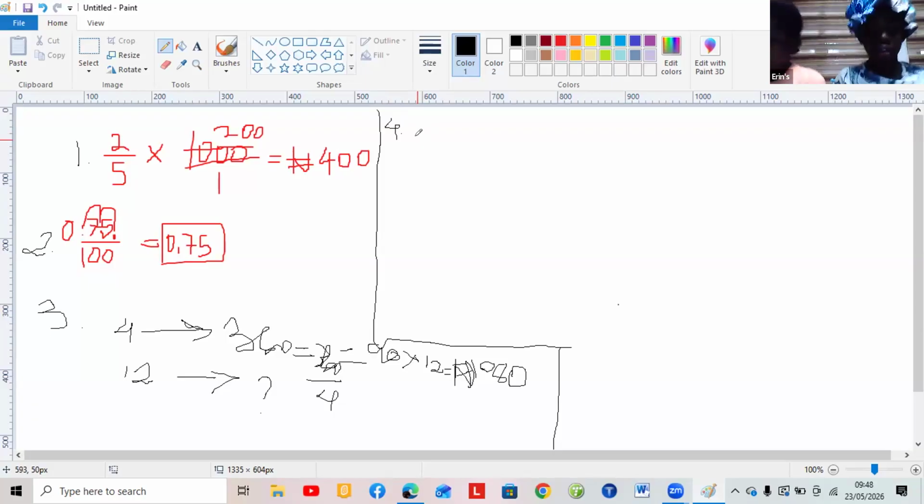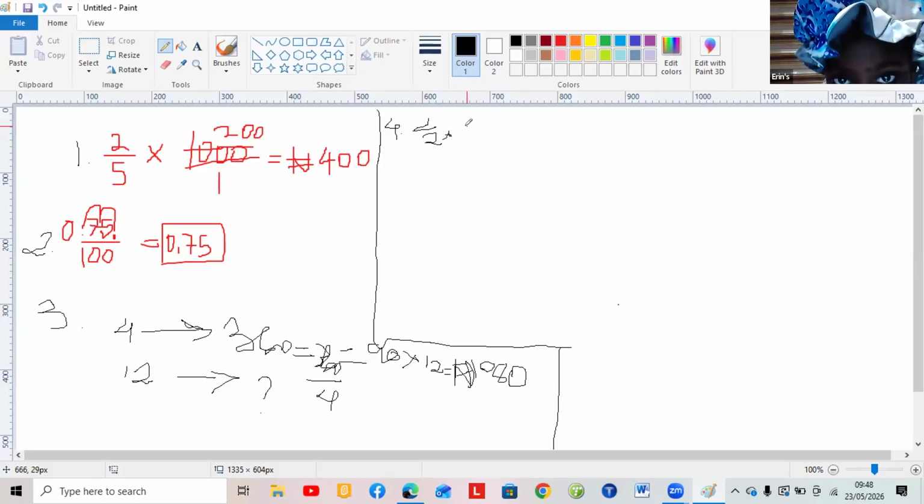Number 16. It says simplify half times 1/8 divided by 1/2. Wait, half times 1/8, that is 1/16, divided by 1/24? So divided by what?